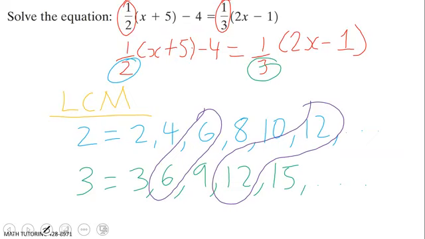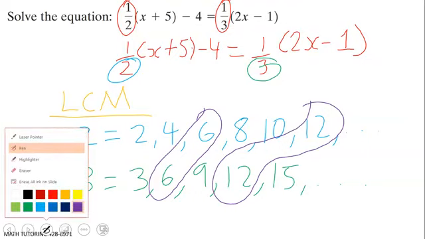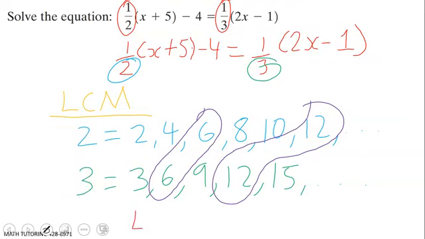Now 12 could work, but we're not going to use 12 because that's not the smallest. So the LCM, and this is the notation that we use when you get into higher math classes, we say that the LCM of 2 and 3 is indeed 6. See that? So the LCM of 2 and 3 is 6.